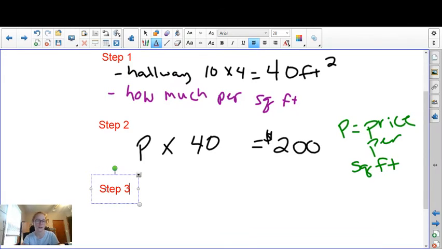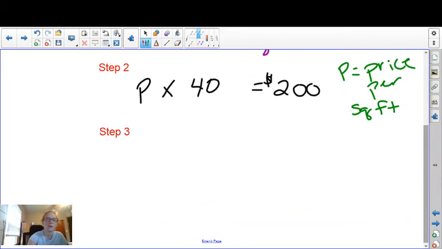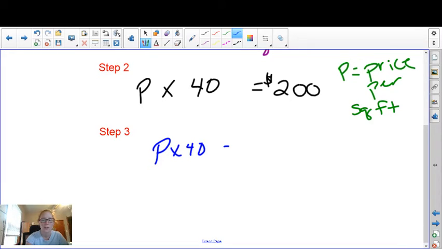Step 3 now is to actually solve. I know that I want to undo that multiplication, and to undo multiplication, we use division. So I'm going to divide both sides, and I'm going to rewrite my equation down here so that I can manipulate it. I apologize, I grabbed the wrong color.